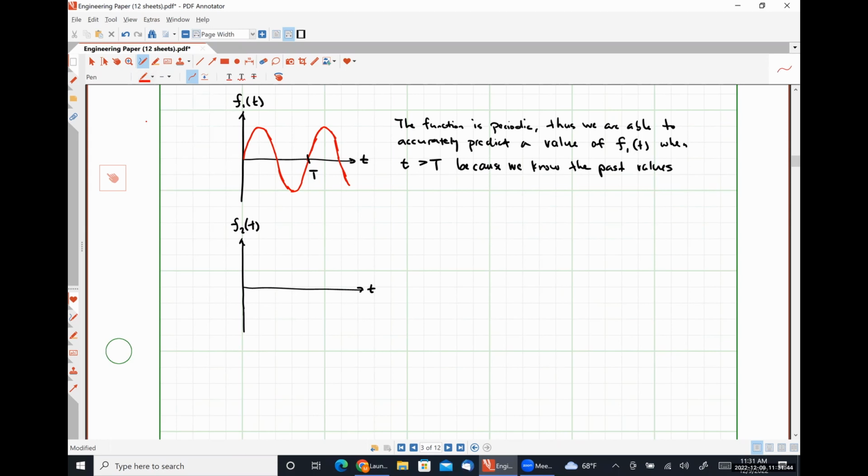So let's give us some garbage like this. Right. In this case, the function has no period or discernible pattern.